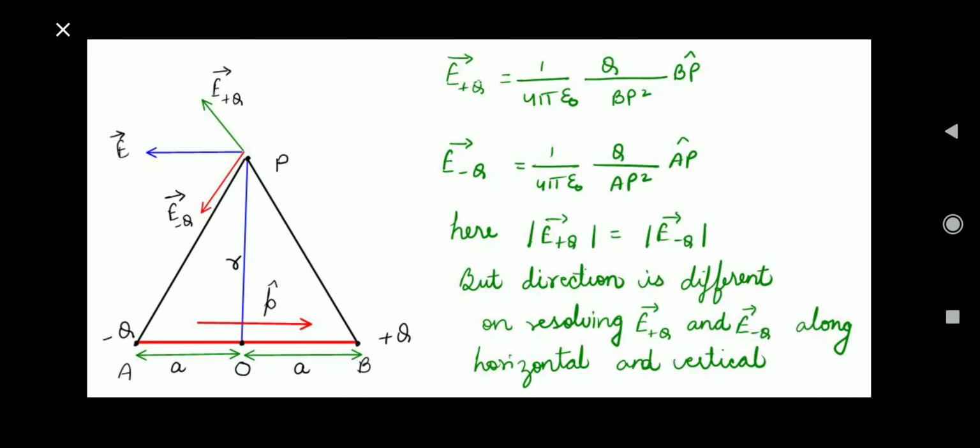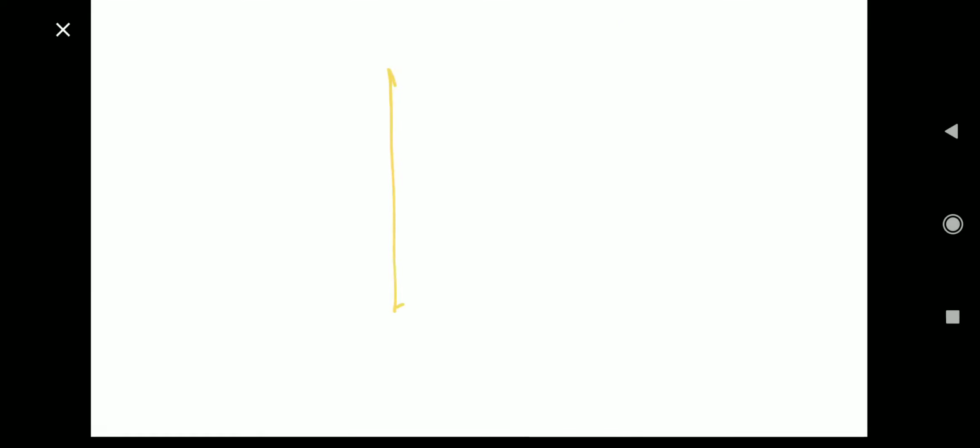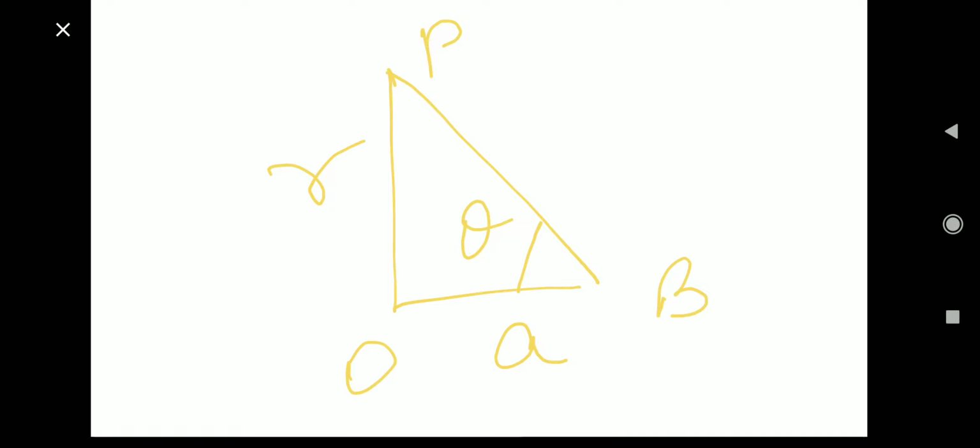You can see here this angle was theta, right? So with the help of this triangle we will find the value of cos theta. Let us see how we can find it out. This side is R, this is A, this is angle theta, this is B, this is P, and this is O. Right, so from here the value of cos theta will be equal to, cos theta is base upon hypotenuse.